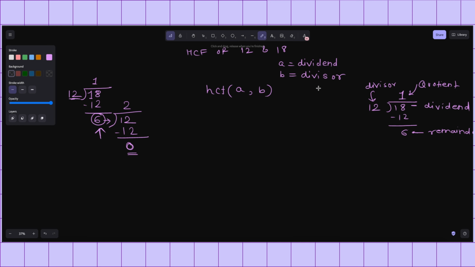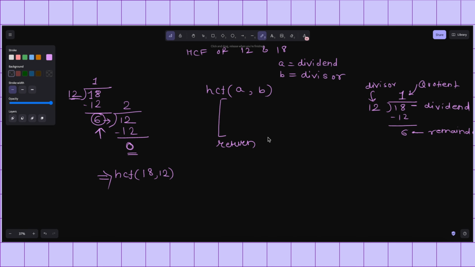So when you call this function at any point of time, let's say you have called HCF of the dividend, 18 was the dividend, and the divisor was 12. So this is how you will call the function. A base condition will appear, and as I told you, in every recursion problem, a base condition will always be there. And at last, we will return something.